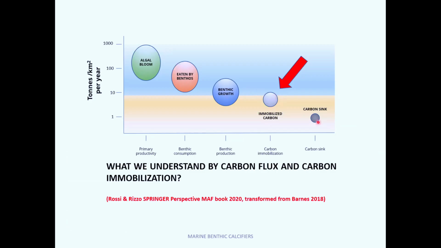The carbon sink is considered the carbon that is fixed for really long times. But we also have to consider this immobilized carbon, because many of these structures may last, some of them for 1 year, as we will see, but some of them for centuries, millennia, tens of thousands of years, or even more, as I want to highlight.